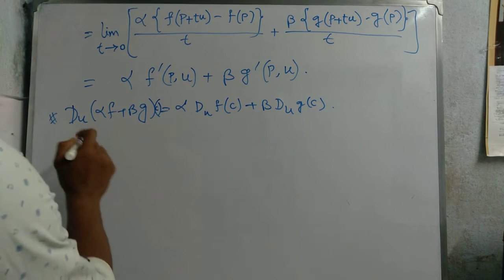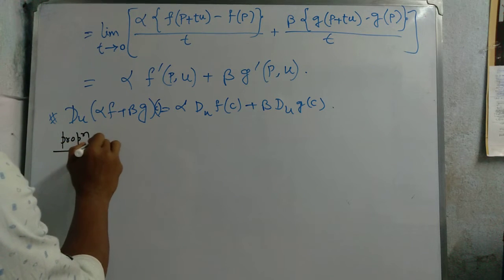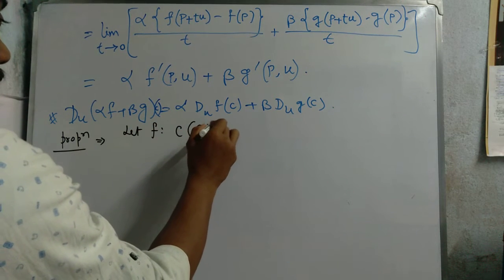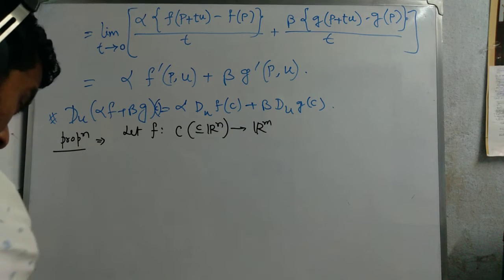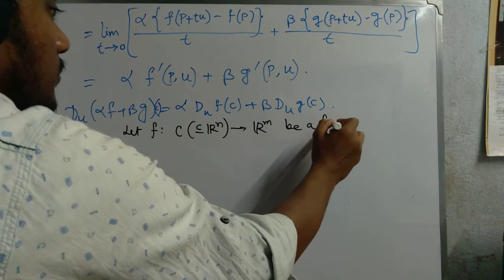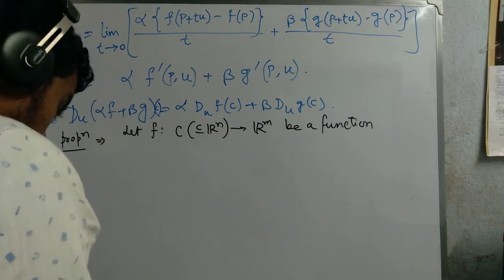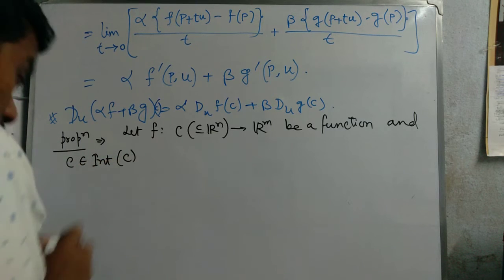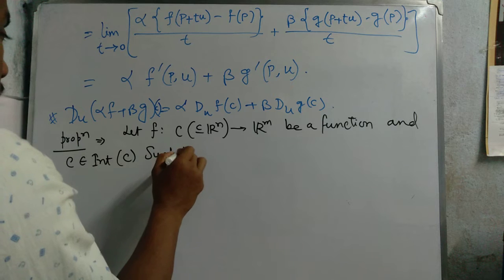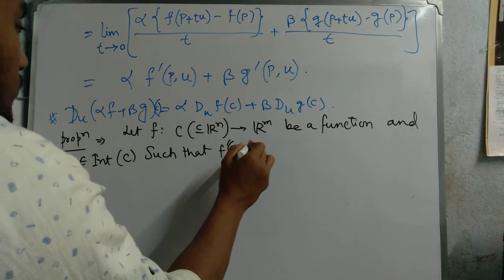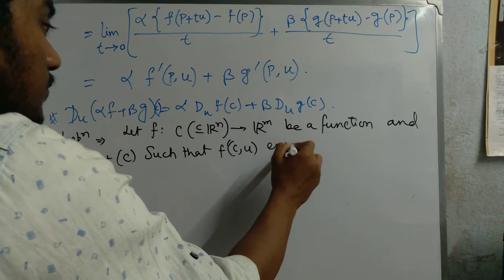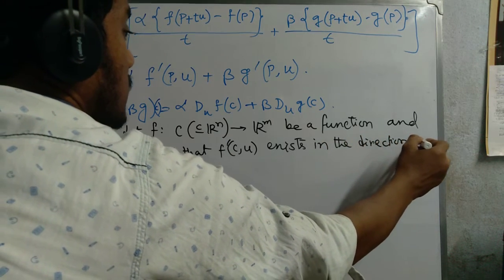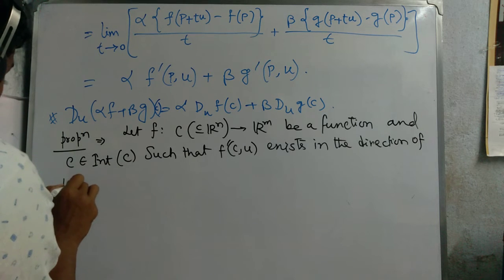We write here. Okay, let f from C subset of Rn to Rm be a function and c belong to the interior of C such that f dash(c, u) exists in the direction of u belonging to Rn.